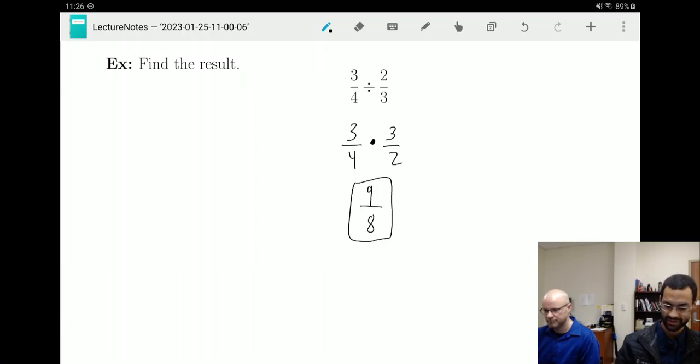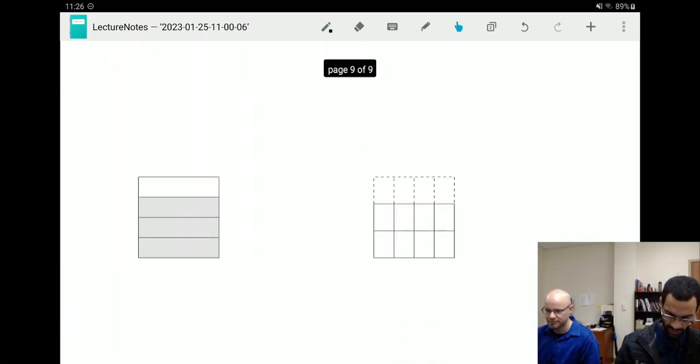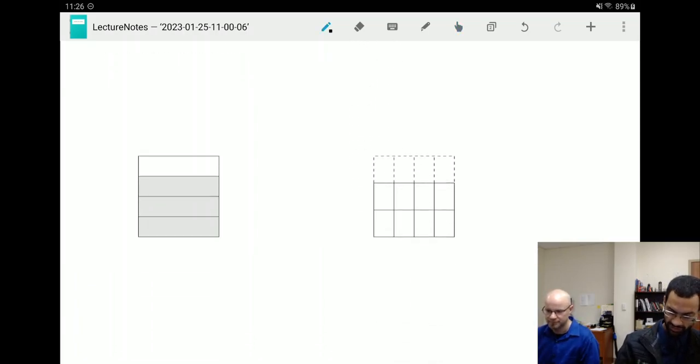Let's talk about why. Let's torture ourselves a little bit. So here we have 3/4, and here we have 2/3. Now I'm saying this is 2/3 because we're dividing 3/4 into 2/3. In other words, let's think about buckets again. We have this bucket of water that's 3/4 of the way full.